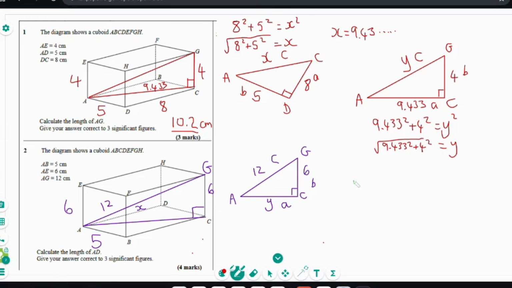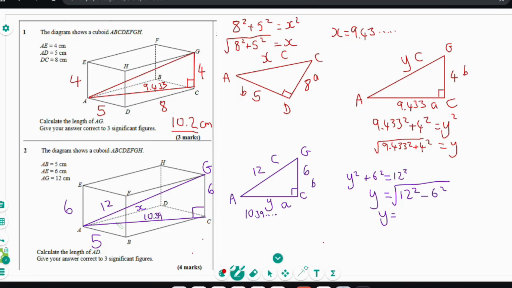We're missing a shorter length. A squared plus B squared equals C squared. So we take 6 squared off both sides first, and then square root, which will give you Y, 10.39.